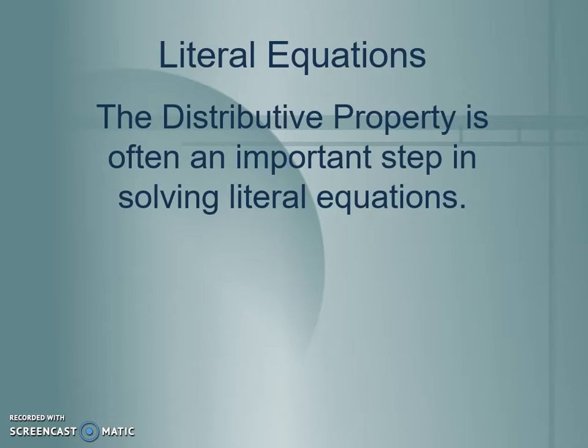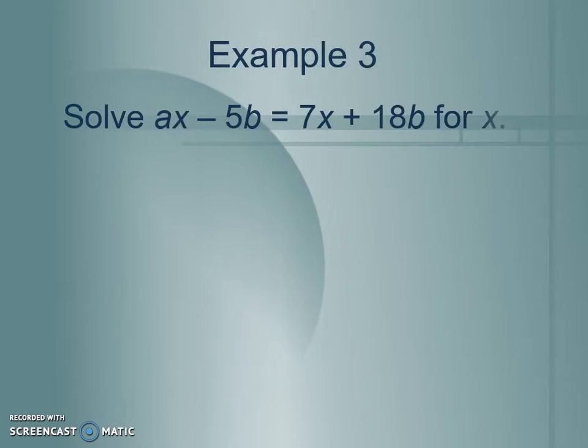So the distributive property is often an important step in solving literal equations. So it says, for example 3, which is at the top of page 95, solve ax minus 5b equals 7x plus 18b for x. First things first, we notice that our x's are on opposite sides. So sometimes it might help if you draw a line down so you can see, oh, this is one side, that's the other.